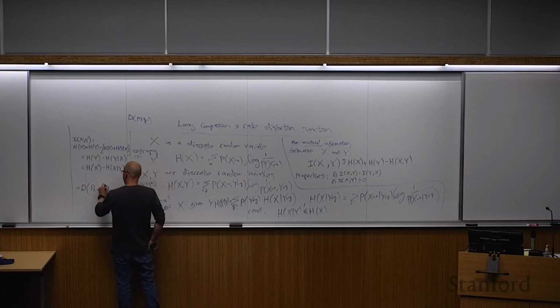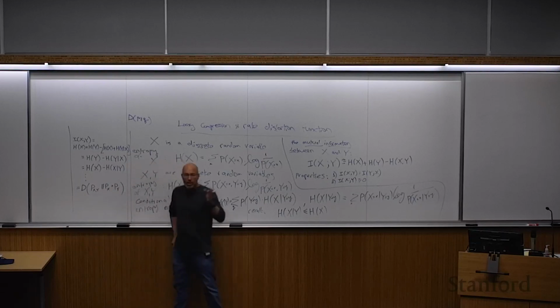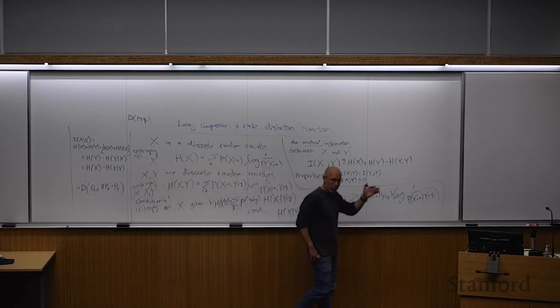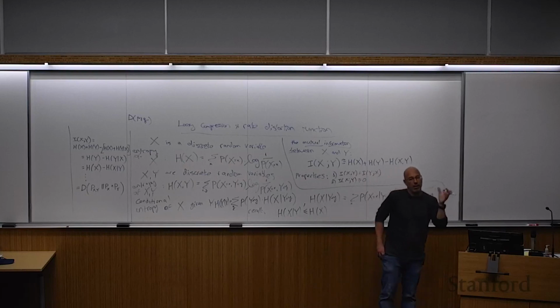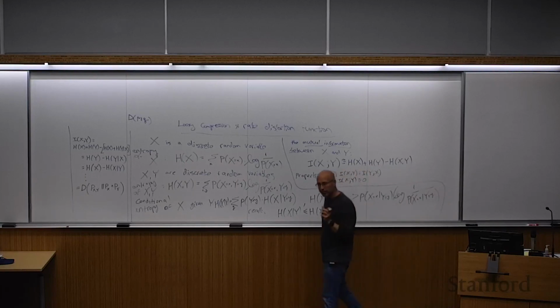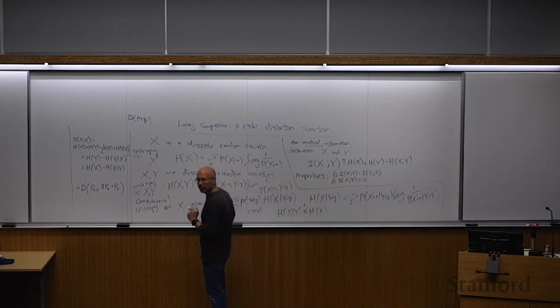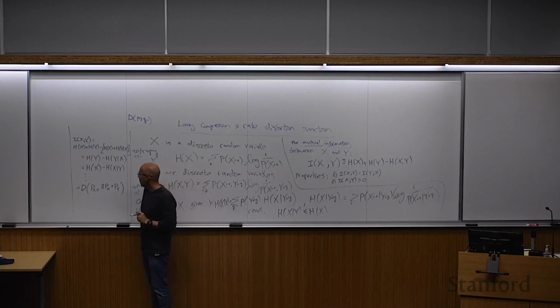So the probability mass function on the pair xy, when they each maintain their marginal distribution, but they're independent. Okay? So that's another alternative representation of mutual information.